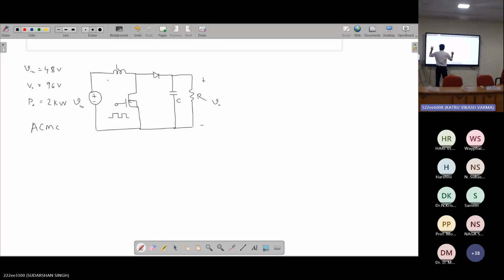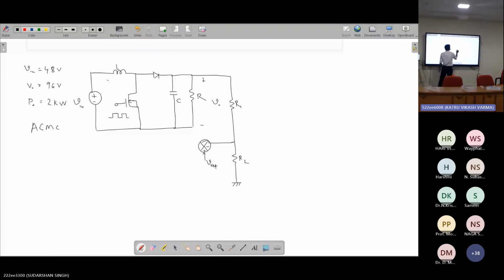So what is average current mode control? In average current mode control, we sense the output voltage using a feedback resistance divider circuit, and then compare it with the reference voltage.